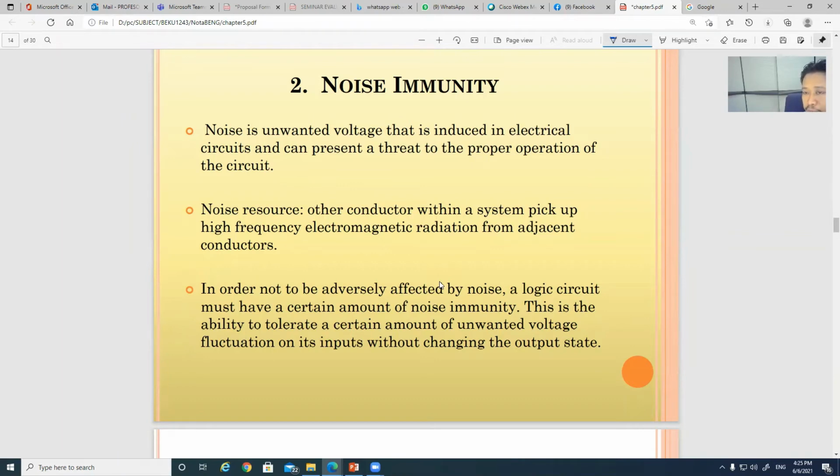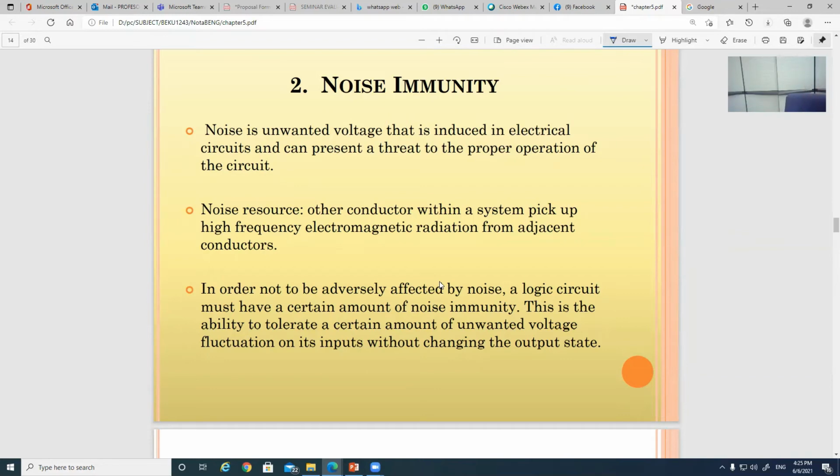For example, for the output we have 5 volt. Maybe the noise range from 4.5 to 5.5 volt, that we can accept. That we call the noise immunity. This is the ability to tolerate a certain amount of unwanted voltage fluctuation.